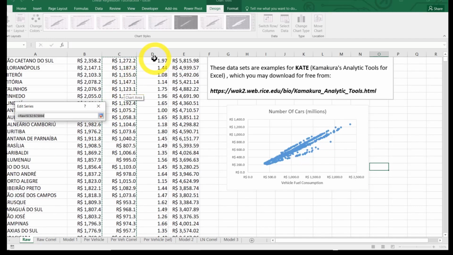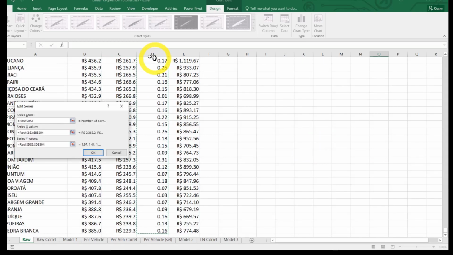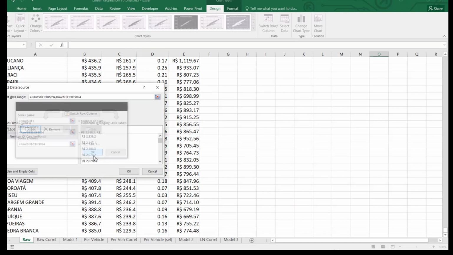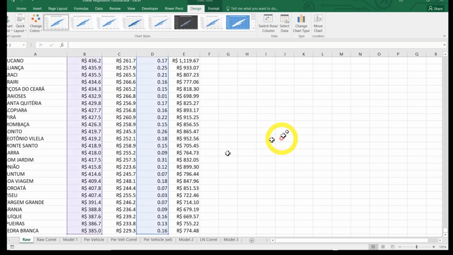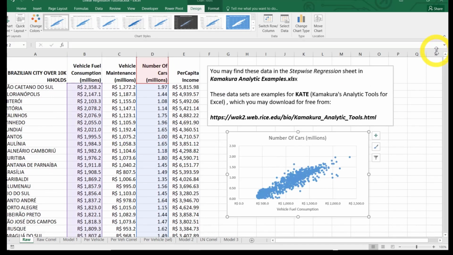And for that, I'm going to use this column, column D. And here's the relationship between the number of cars on the vertical axis and fuel consumption. And there is clearly a relationship. Cities that have more cars tend to spend more money on gasoline, as you would expect.